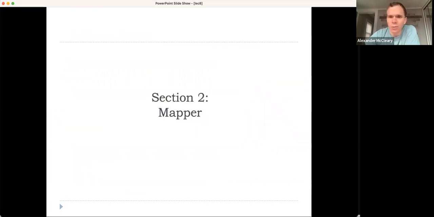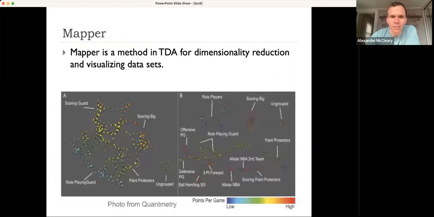Okay, so now the next tool we're going to look at is Mapper. So Mapper is a method in topological data analysis for both dimensionality reduction and visualizing data sets. So if we look here, what we have are basketball players, right? NBA players in here. And we can sort of put a metric on NBA players based on how similar their stats are.